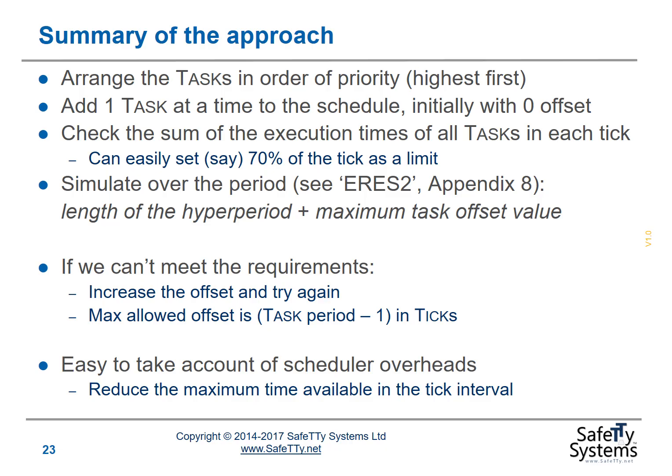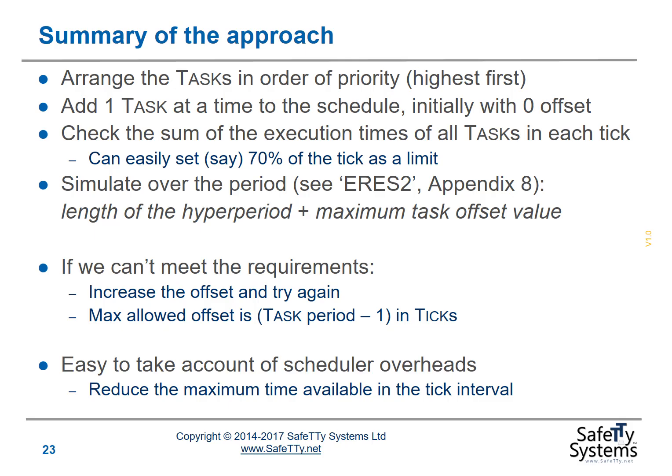So if we want to perform a schedulability test using a dry scheduler, then this is a technique we can follow. We can arrange the tasks in order of priority, with the highest priority first. We add one task at a time to the schedule, initially with offset 0. We check the sum of the execution times of all tasks in each tick, and we can easily set, say, 70% of the tick as a limit.